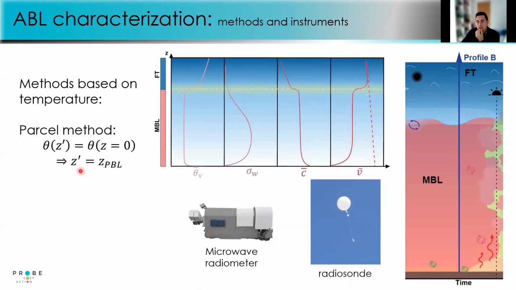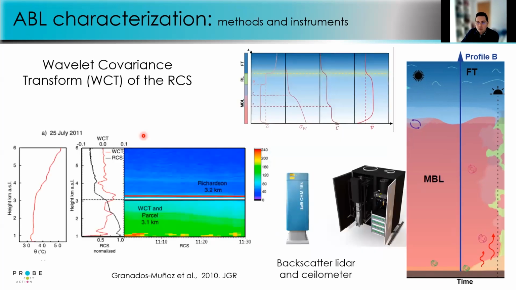Here I explain the parcel method that, as I said before, uses the virtual potential temperature from the surface found again in the vertical, and this can be performed using both microwave radiometers and radiosondes. And we can also use the aerosol concentration, which is this profile, which is idealized.